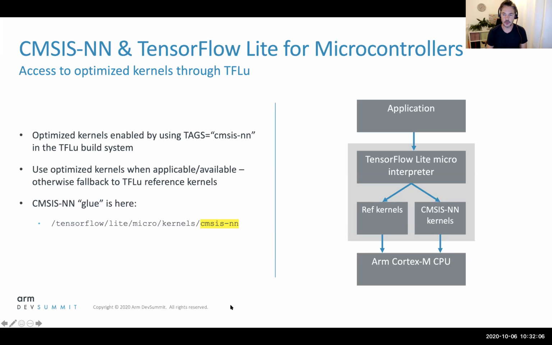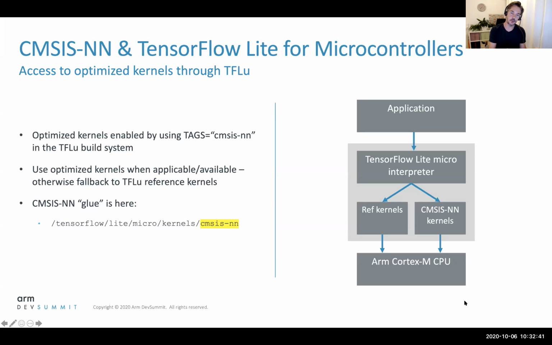Did that answer your question from earlier on? Yes, but can you repeat what's the difference between the reference kernel and CMSIS-NN kernel? Are they two separate kernels doing the same thing, or are they augmenting each other? The thing with the CMSIS-NN kernels is that we utilize SIMD instructions in order to do multiple MACs in one cycle.